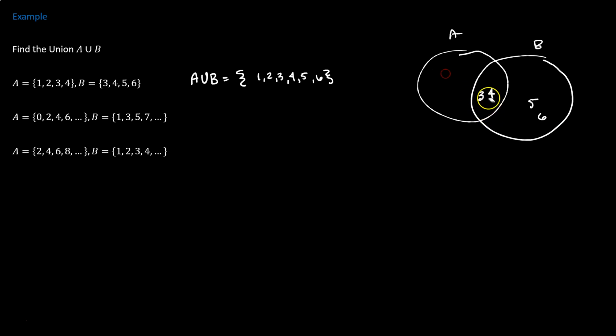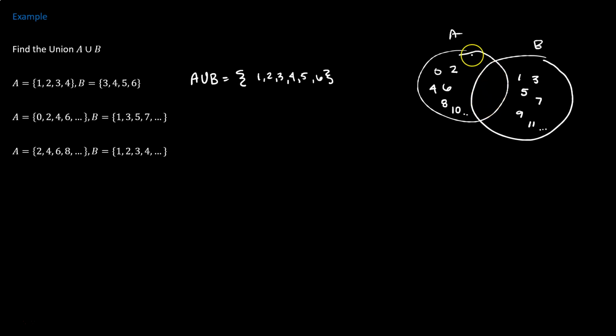All right, we have another set of A and B that we want to sort and union. This time A has the numbers 0, 2, 4, 6, 8, 10, etc. It's all the even numbers. This is an infinite list, I can tell because of the ellipses at the end. And then the set B has the odd numbers, 1, 3, 5, 7, 9, 11, etc. Now it's true that there are no even numbers that are also odd, so the intersection between A and B would be empty.